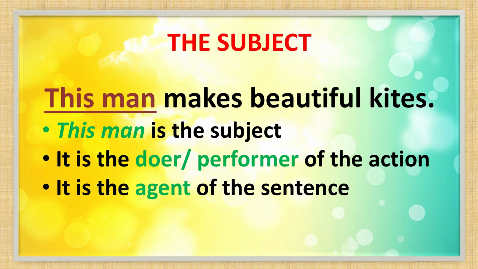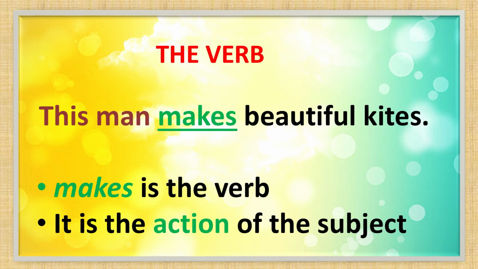This is part 1, or it is also called the agent of the sentence. Agent means the agent always does something, it performs the action. Therefore, it is called the doer or performer of the action, the subject. And now, see the verb. What does the verb indicate in the sentence?